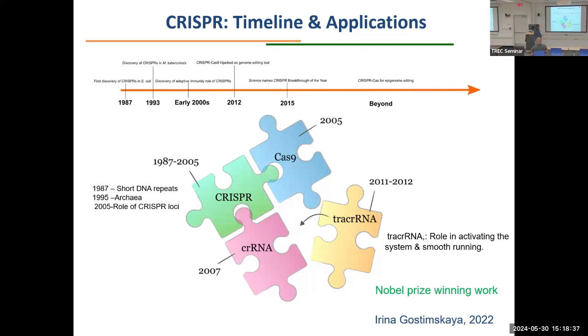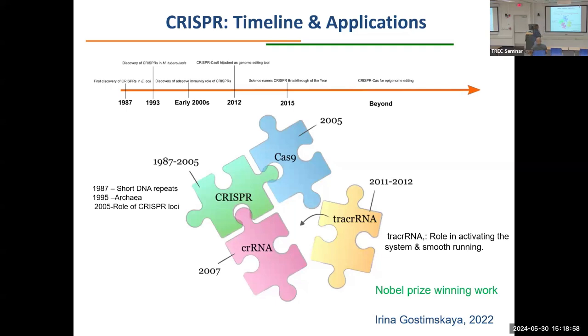With the discovery of tracrRNA in 2011 and 2012, this missing piece was found, and they knew exactly how the whole system works and how it imparts immunity to bacterial cells.